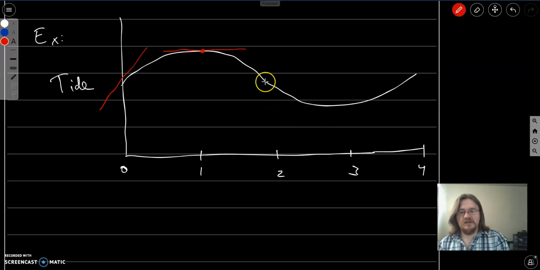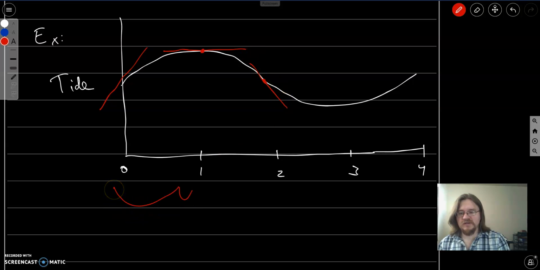And then down here, our derivative is going to be negative. It's not a very good tangent function, but oh well. The tide is going to be going out. It's receding. And if we look at what's happening here, our derivative is changing from positive to 0 to negative.